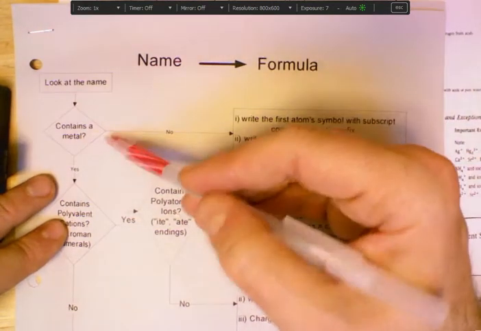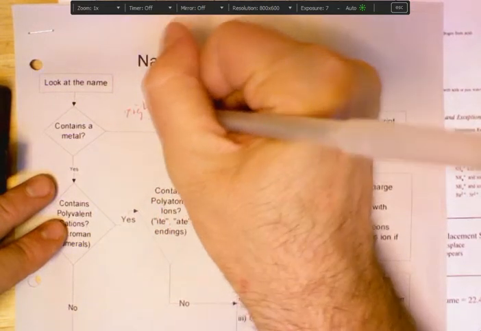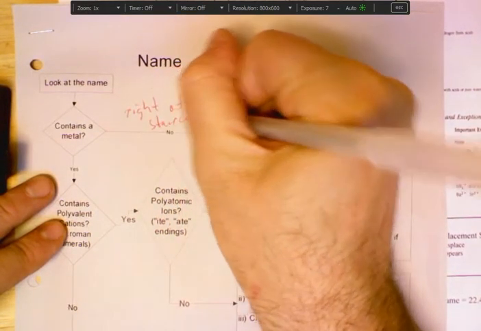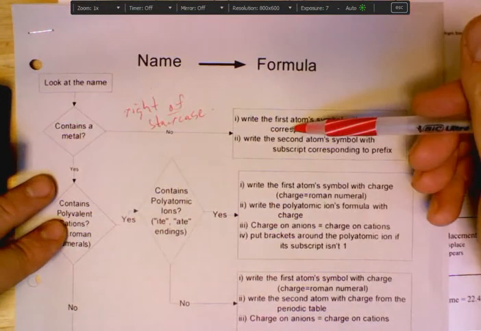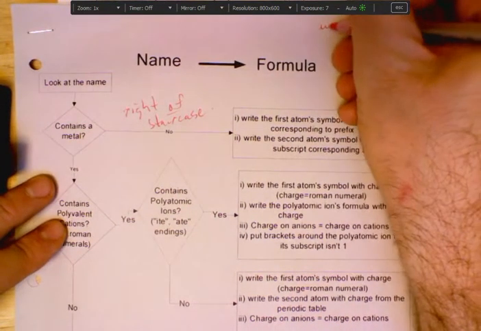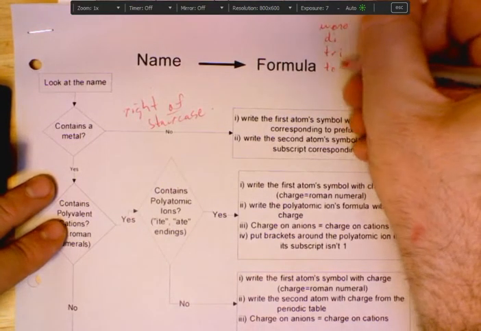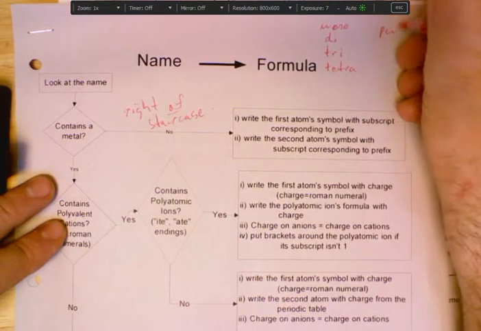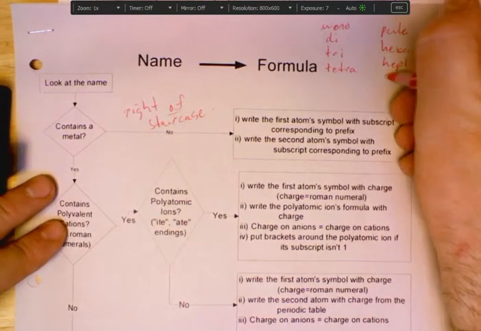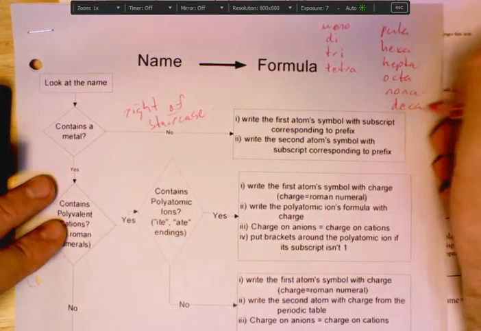To start us off, contains a metal. Just as a reminder to yourself, metals are on the left side of the staircase on your periodic table. And for the ones that don't, you're going to need the prefixes. The prefixes are mono, di, tri, tetra, penta, hexa, hepta, octa, nona, and deca.